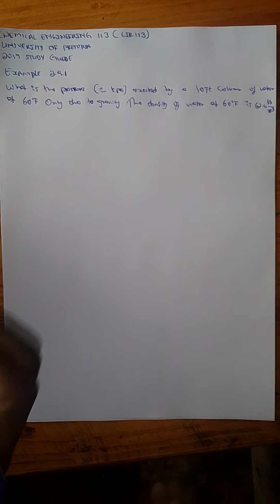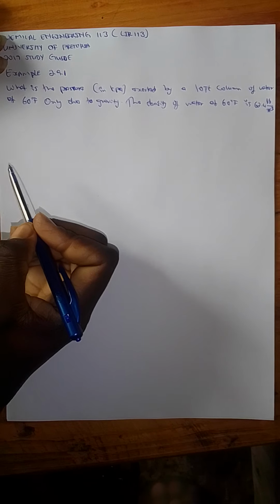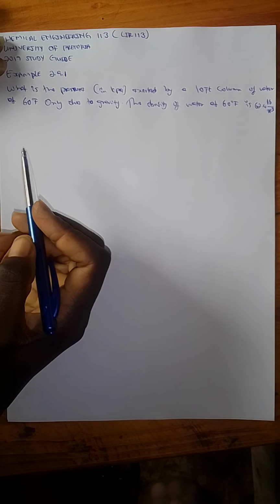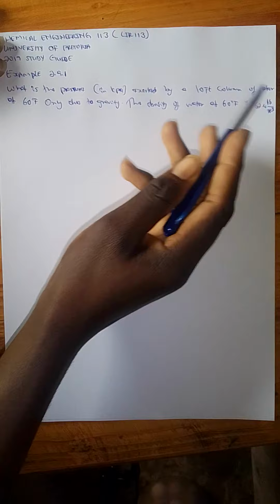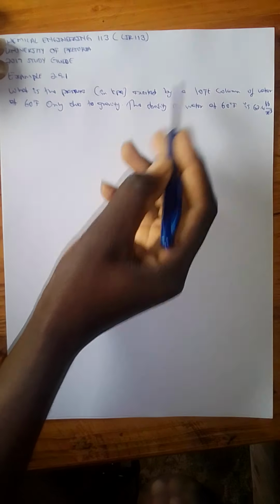feet cubed. When you look at such a question, the first thing to ask is, what do they want? They want pressure, but they've given us density, which is 62.4, and also height.